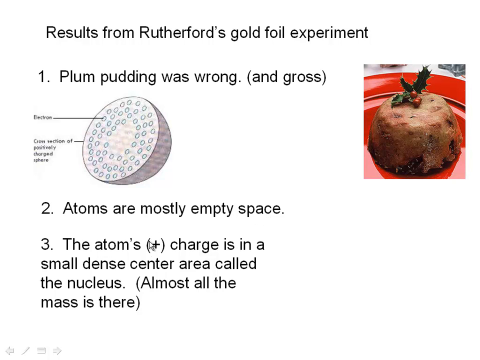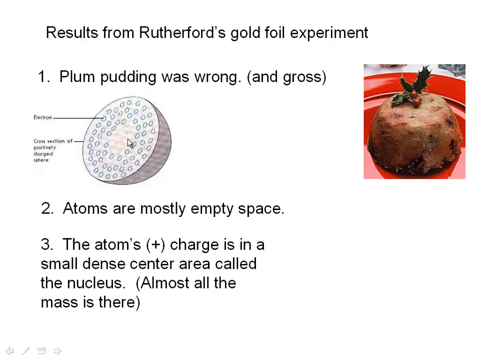Number three is the positive charge came from the fact that when they did hit something, they bounced almost straight back, meaning they were repelled. So whatever they were hitting must be very small, because the odds were very small that the alpha particles would hit it in the first place. And then when it did hit that thing, it got repelled in the other direction, which meant it must be positive.